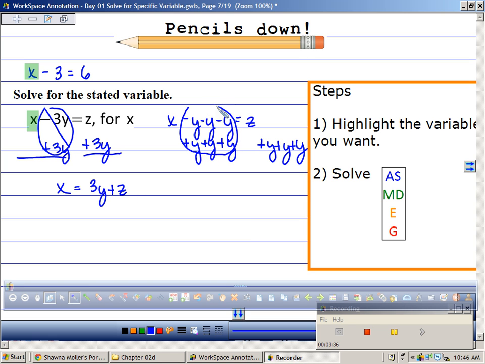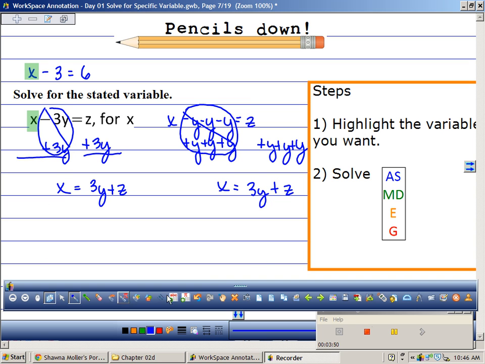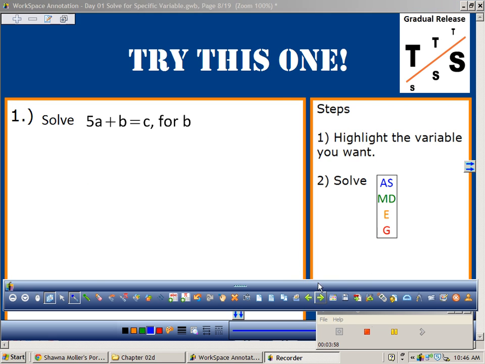These are 0 pairs. What's left over here? Equals 3 y's and a z. You see how I worked them out both ways? You see that? So I highlight my variable, and then I solve it by undoing everything that I had done in the first place. Let's look at this one.